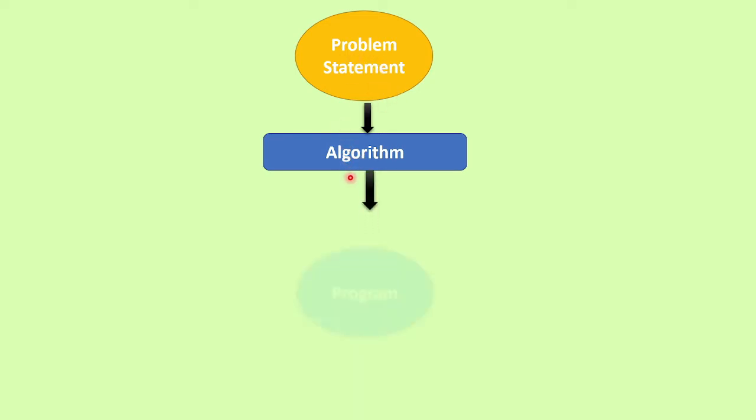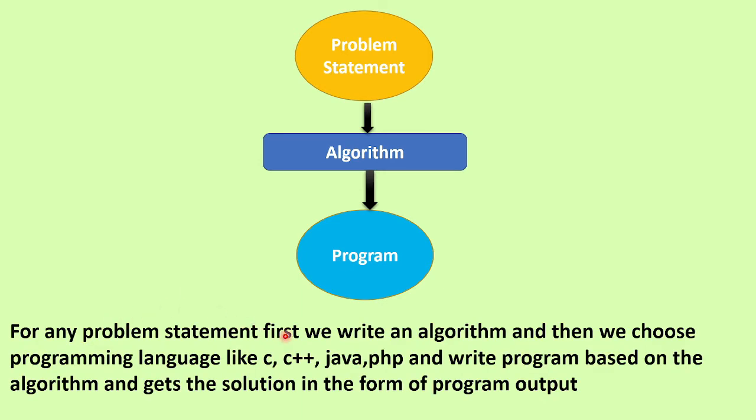And based on the algorithm, you can write the program. And your program will give the output or solution for your problem. So for any problem statement, first we write an algorithm, a step by step procedure to solve that problem. And then we choose a programming language like C, C++, Java, PHP.